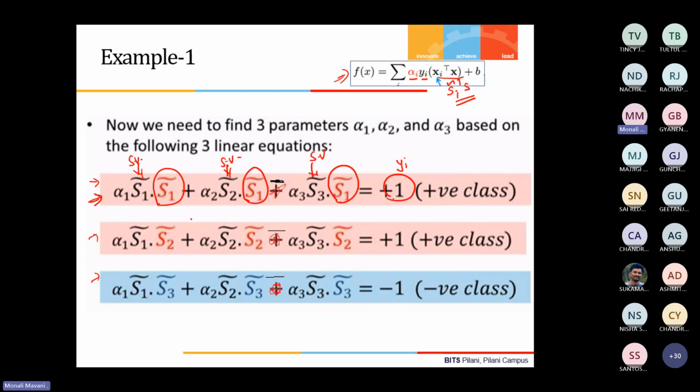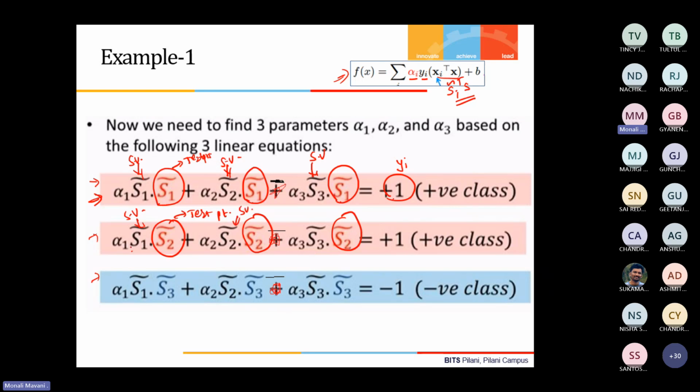Similarly, perform this for each of the 3 support vectors considered as a test point, and each of the 3 will also act as the support vector.